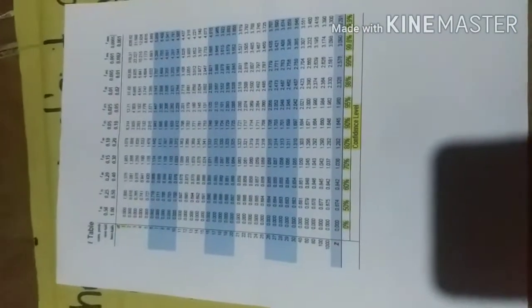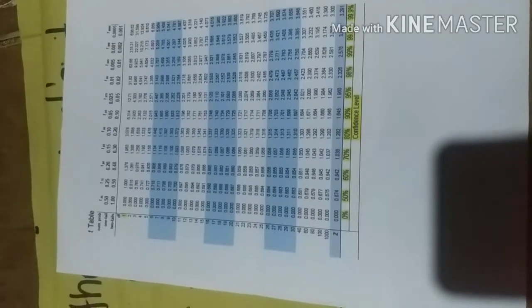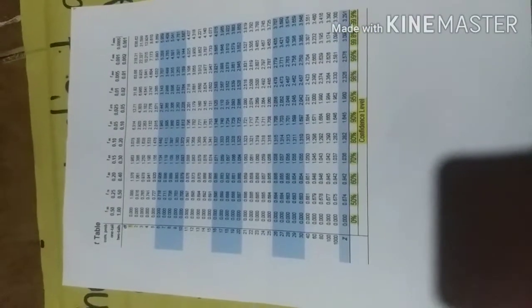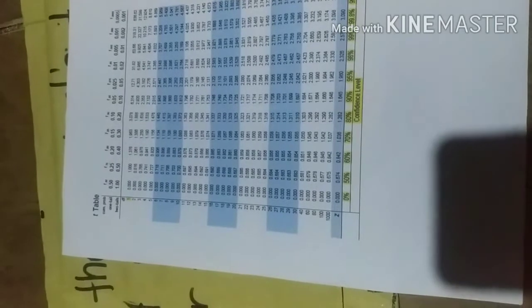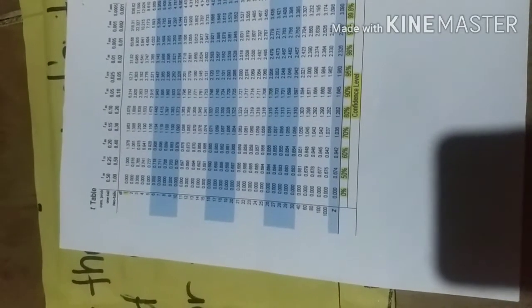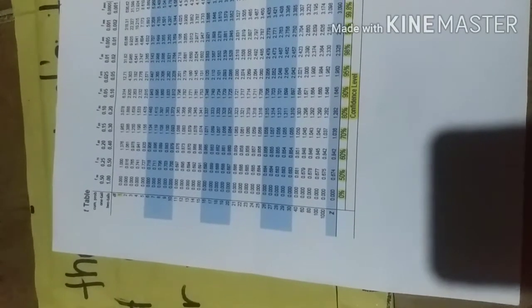So makikita nyo naman dyan na yung T distribution is thicker in tails kasi yung tails is two tails, one tail and two tails, and shorter in the center than the graph of the standard normal distribution. So, yan na po siya.